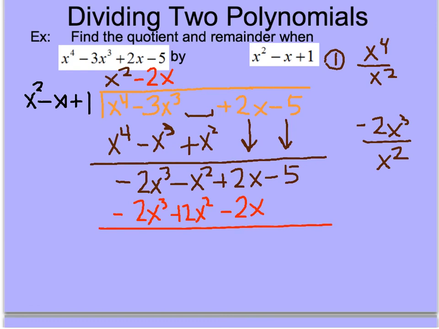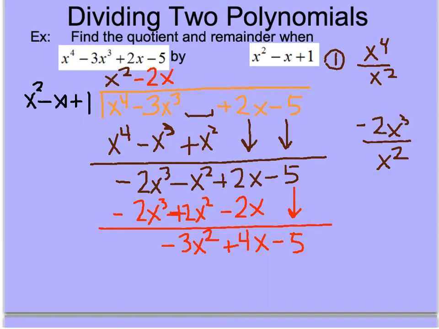And now I do my subtraction. Negative 2x cubed minus negative 2x cubed is gone. And then we have negative x squared minus 2x squared, which gives us negative 3x squared. And then we have 2x minus a negative 2x, which is positive 4x. And then we bring our negative 5 down.